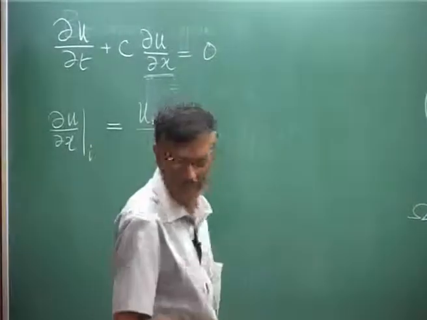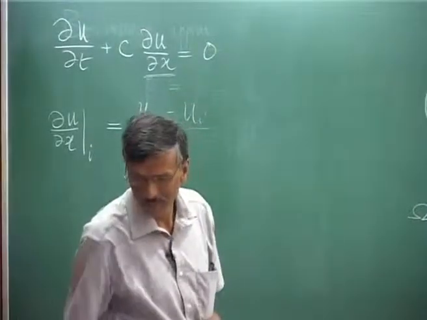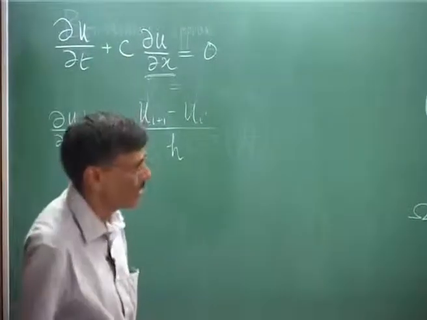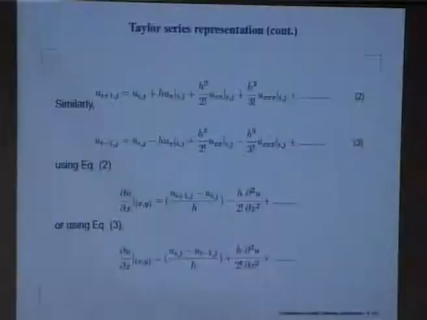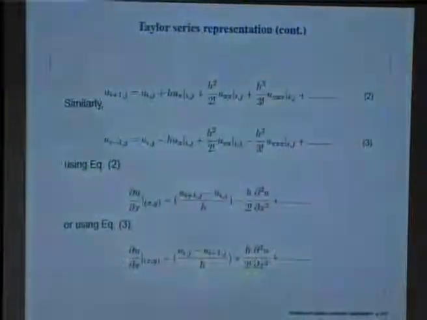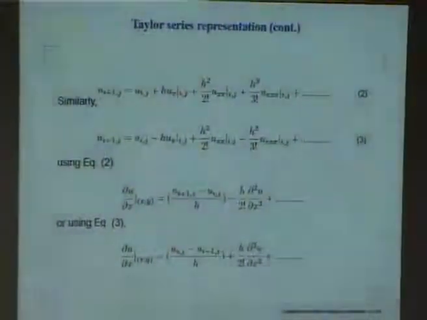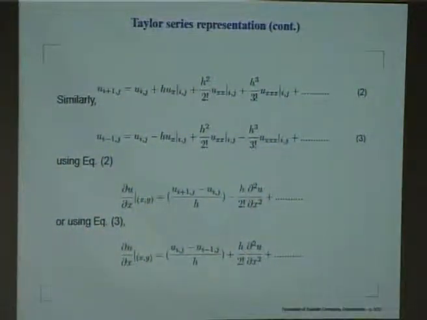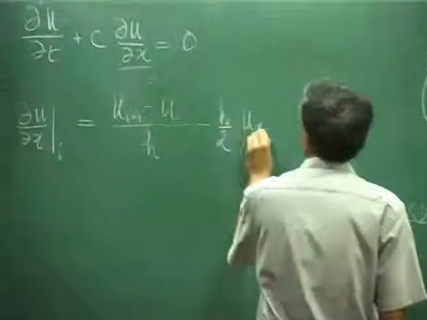What was the truncation error term? It's here, right. So, we have this as the truncation error term. I will write this as minus h by 2 u x x.